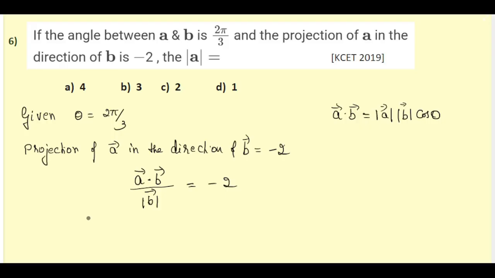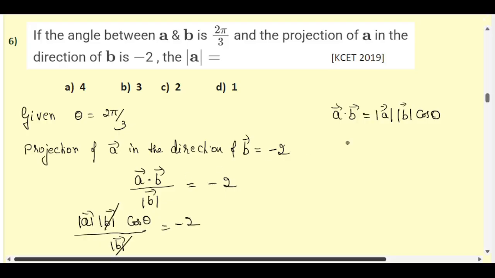Substituting here, we get A vector into B vector into cos theta divided by B vector equal to -2. We can cancel this both. So what remains here is A vector into cos theta, theta is 2 pi by 3, equal to -2.